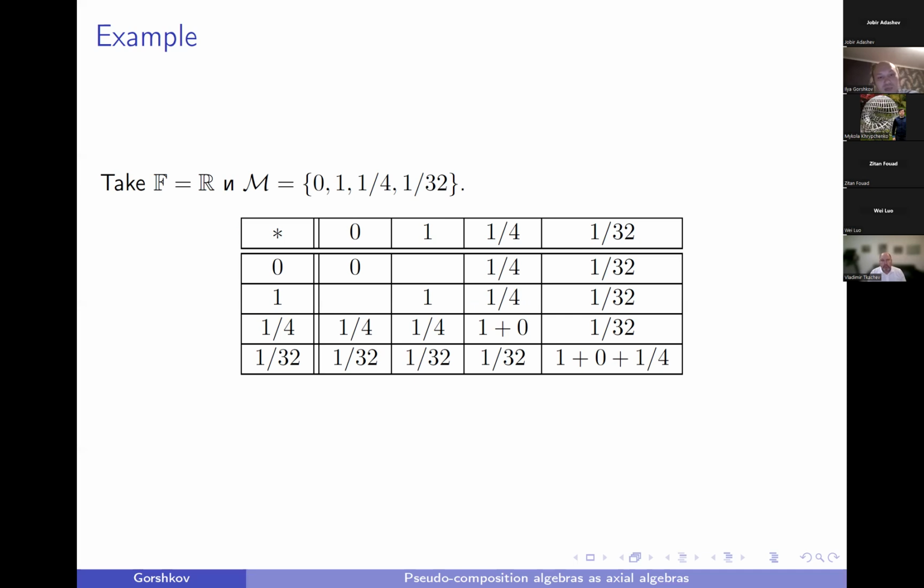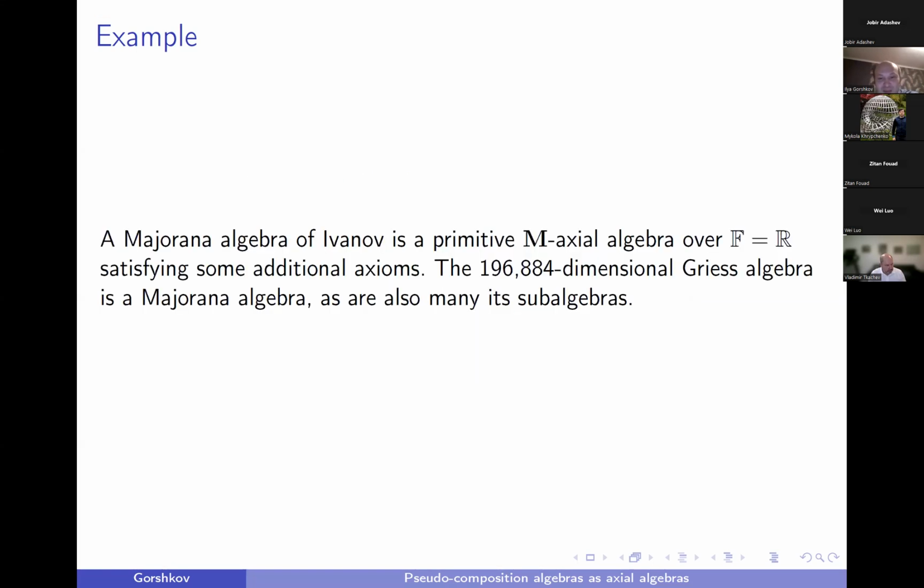This fusion law has the name monster type fusion law, because the group of automorphisms of the Griess algebra is the Monster group, the biggest sporadic group. This group includes almost all other sporadic groups, and this is a really very big group. And I think this algebra, the Griess algebra, generated this whole theory of axial algebras.